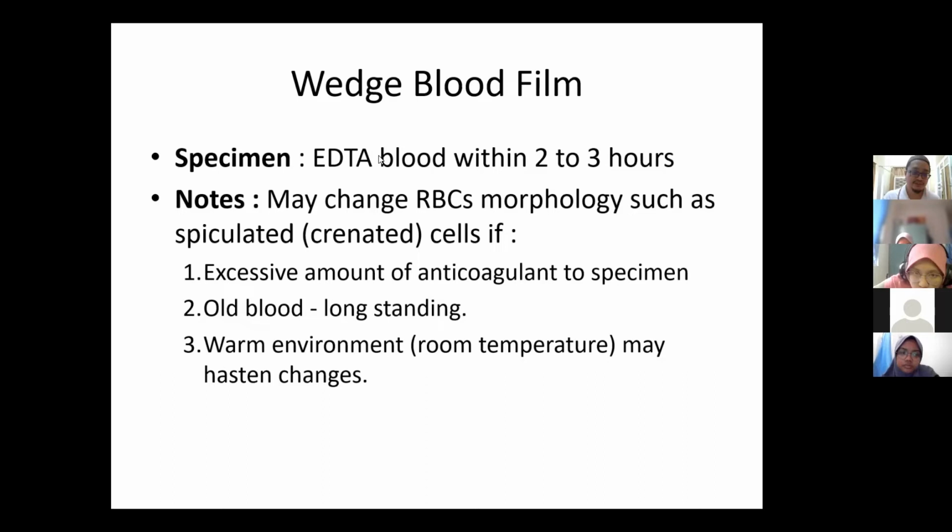The blood may change. The red blood cell morphology may change. It can produce crenation or speculation if there is an excessive amount of anticoagulant, if it is old blood, or if the environment is too warm. So these are the things we need to be sensitive about: not to use old blood.